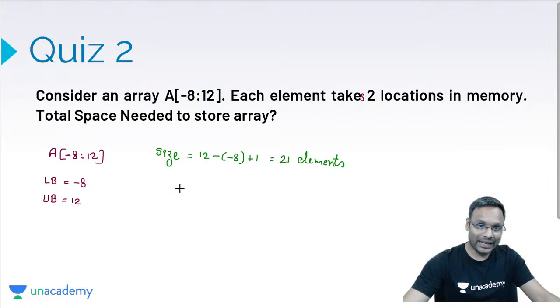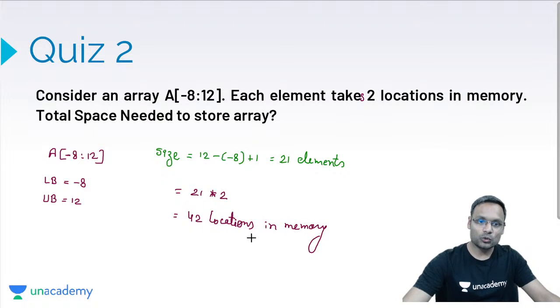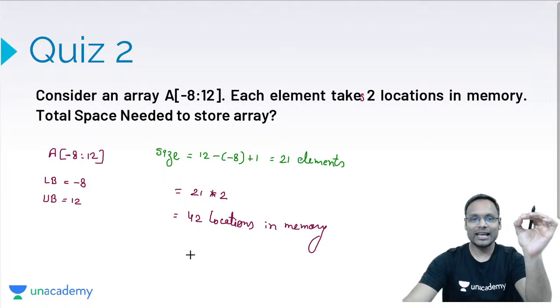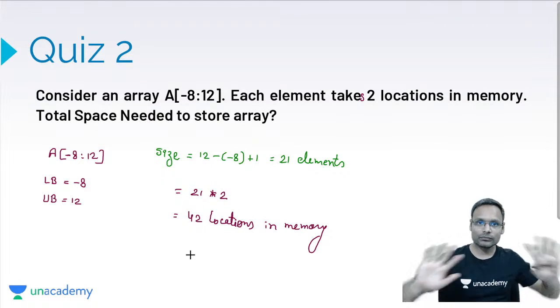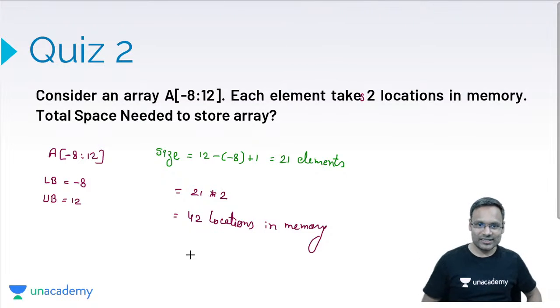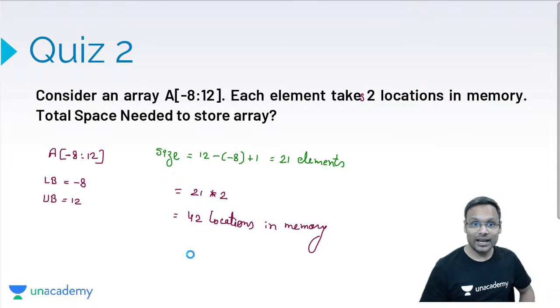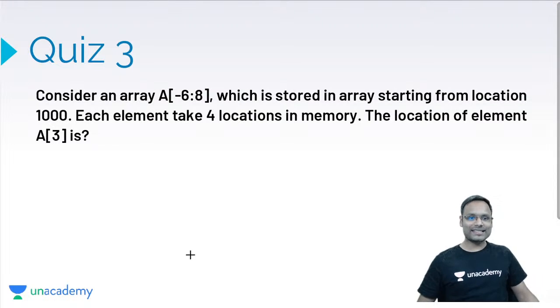So total array size will be 21 elements, each takes 2 size, is equal to 42 locations in the memory. 42 locations are needed to store this particular array of A of minus 8 to 12. Getting the answers? Yes or no? If yes, let's go for another example.